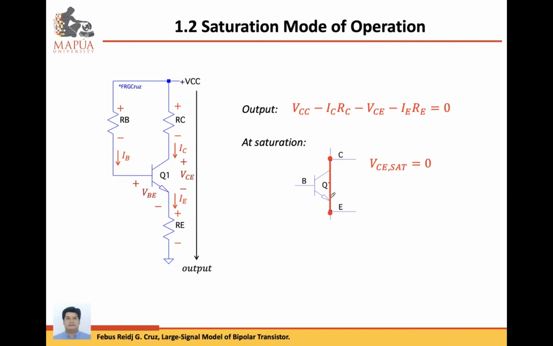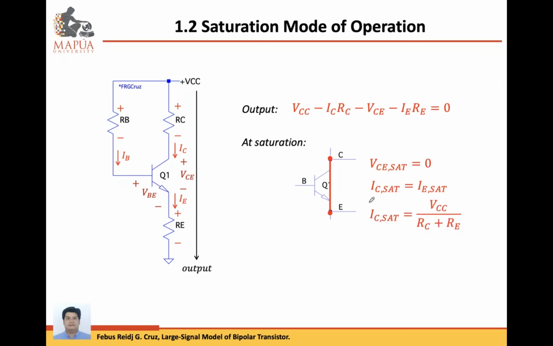And since they are shorted, the collector current will go out to the emitter. So collector current is the same with the emitter current. Okay? And then substitute that to this equation. So VCE is 0. IE is also IC. Then we can derive or arrive at the collector current during saturation.